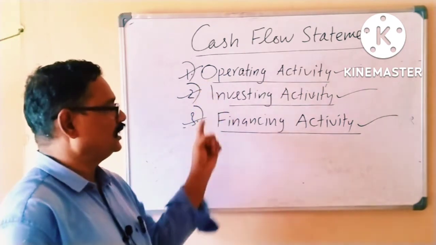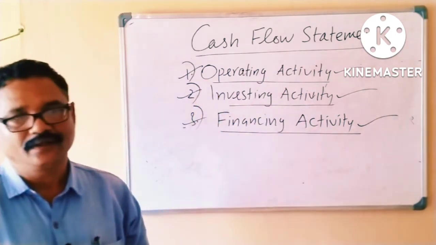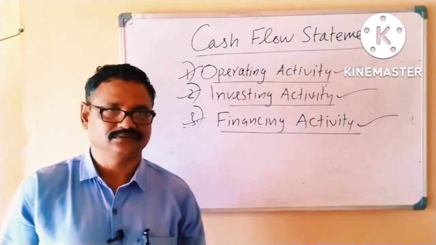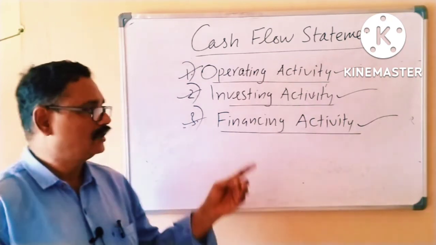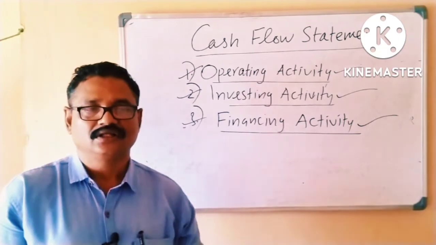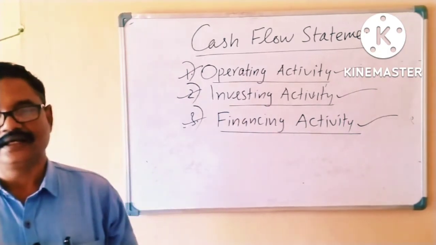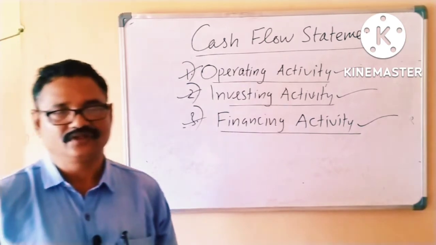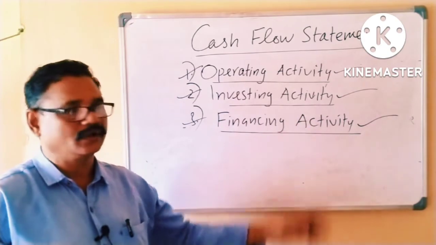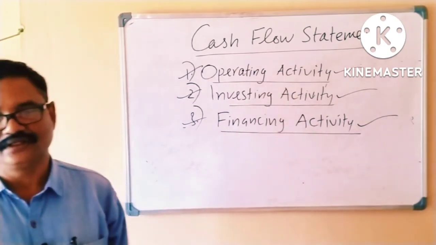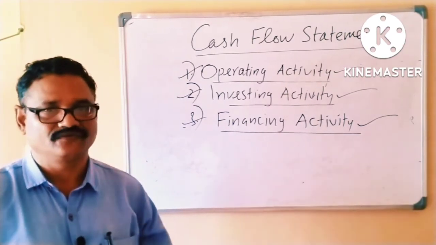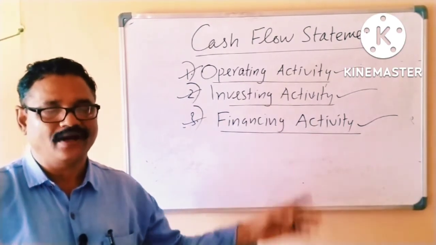So these are the three important major topics which come under cash flow statement. After adjusting all these categories, we will get one balance, that is grand total. After getting the grand total of these three major headings, we will add opening balance of cash.